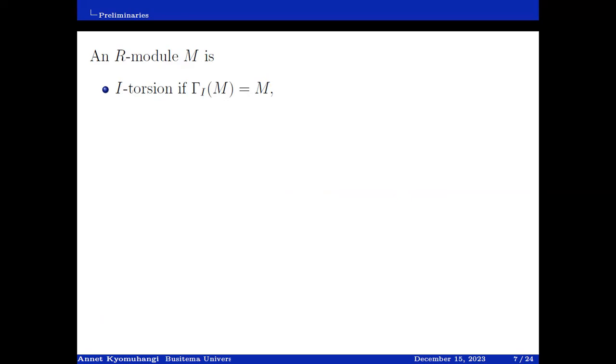It is equivalent to the direct limit of Hom. We say that a module M is I-torsion if gamma_I(M) is equal to M, and it is I-torsion free if gamma_I(M) is equal to 0.